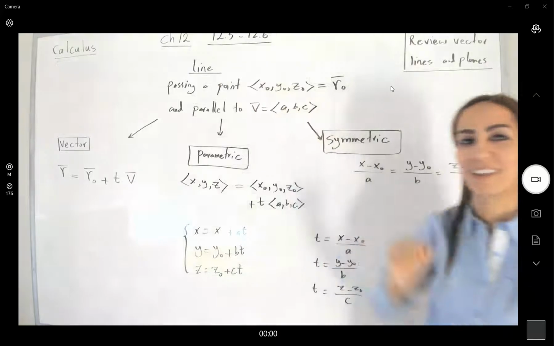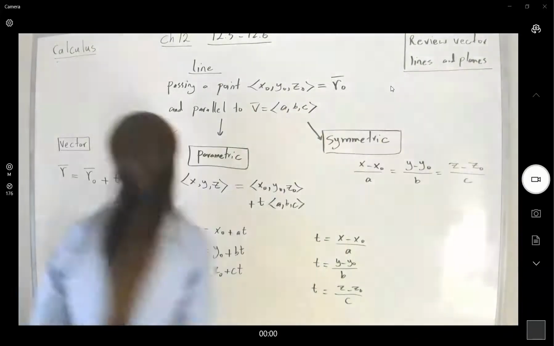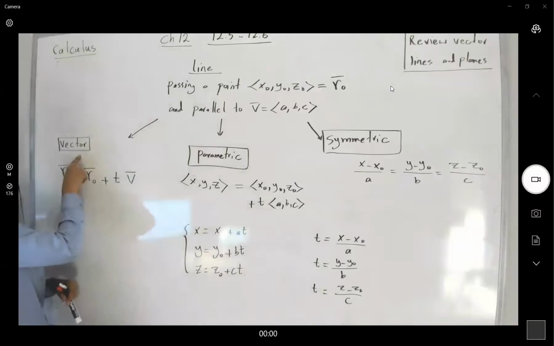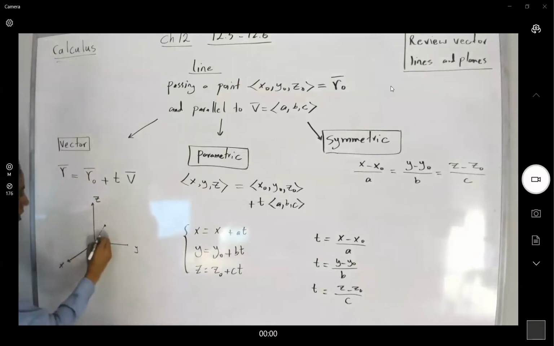When it comes to a line, we get different types of questions. A question might ask you to write the vector representation of your line. Remember that this is your very first point, and this is the vector associated to that, R sub 0.